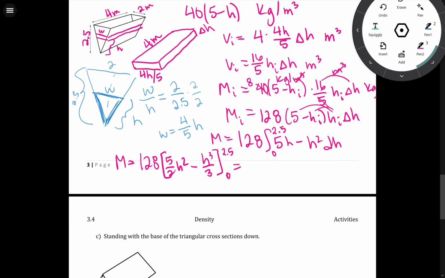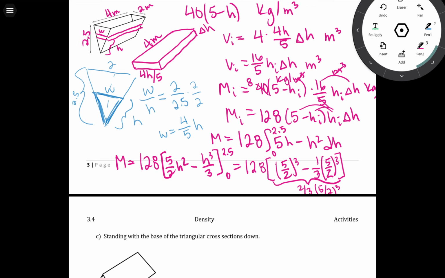Which is ugly. Let me write it out and then I'll plug it into my calculator. 5/2 times 2.5 is 5/2 as well. So really we have 5/2 cubed. Maybe we can do this without too much struggle. So we have 5/2 cubed minus 1/3 of 5/2 cubed, which means we really have 2/3 of 5/2 cubed.